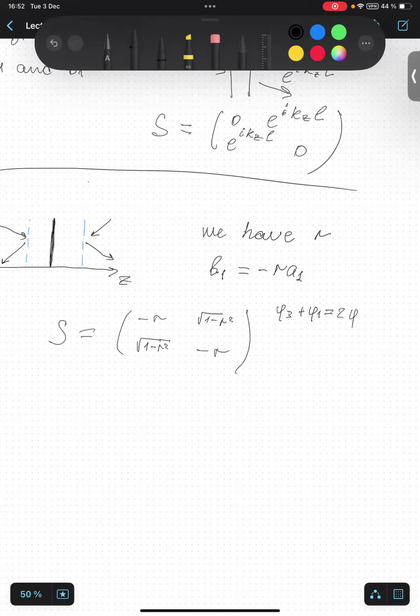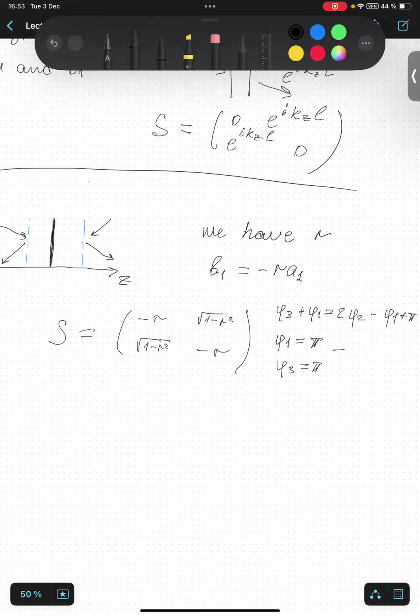So phi2 minus phi1 plus pi. So in this case, we have phi1 equal to 0 and phi3 equal to pi.